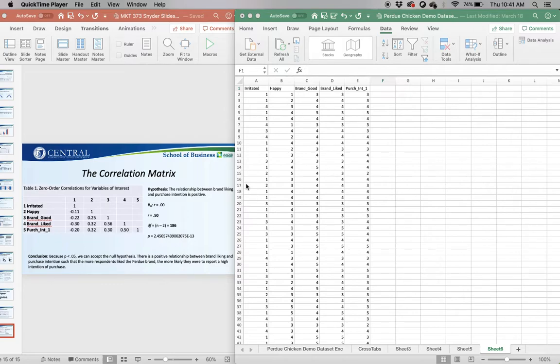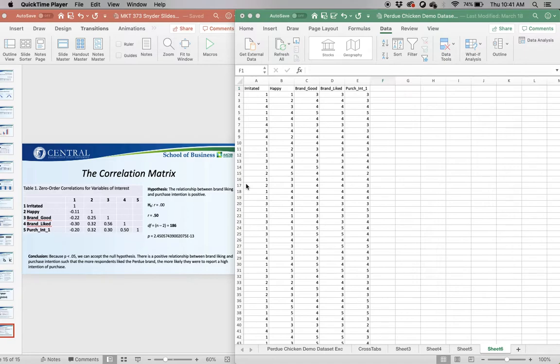This is Dr. Snyder with a screencast on conducting analysis using Microsoft Excel. In this particular screencast, I'm going to talk to you about the correlation. Now, as you recall from lecture, the correlation is a test that looks at the shared covariance amongst two variables, and it can look at positive linear relationships and negative linear relationships.